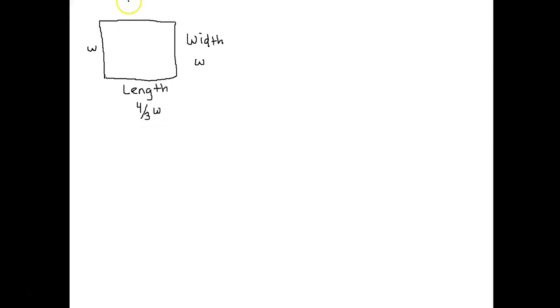So full screen, here we go. Going back to my pen. Let me draw my little rectangular TV screen. I'm going to let the width be W. And then the length is 4/3 the width because of the aspect ratio of 4:3.